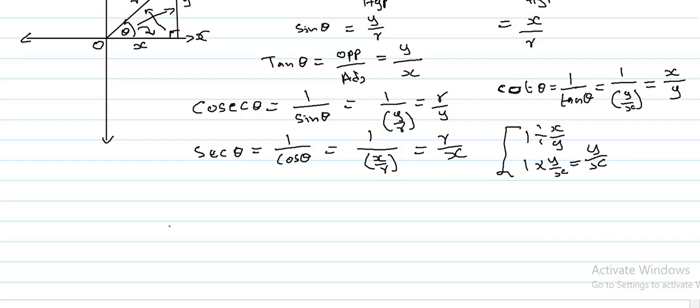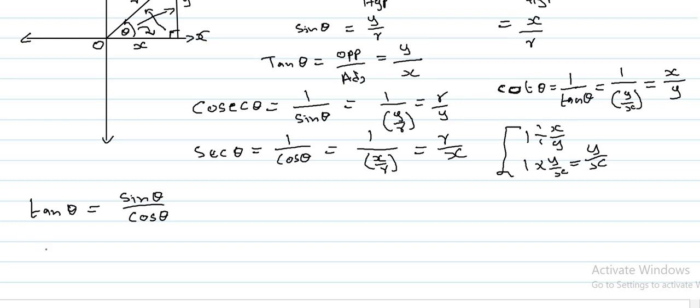After we talked about the reciprocal, remember every time when you see the tan of theta, it must be changed into the sine of theta over the cos of theta.